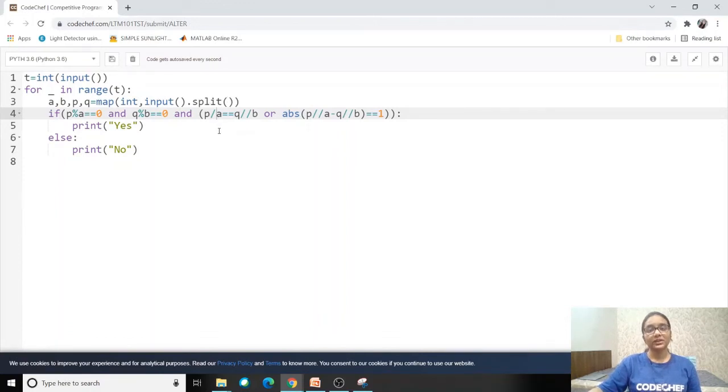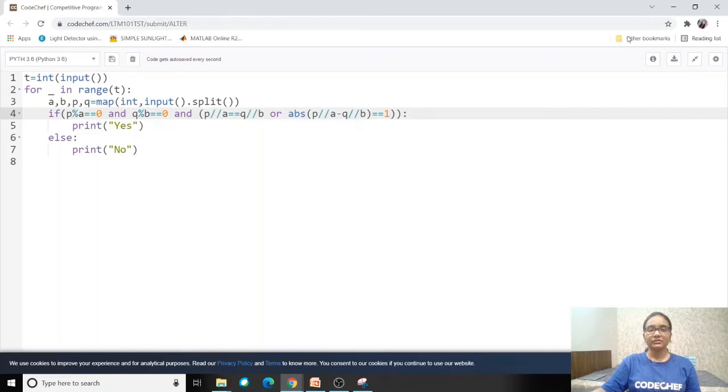But if you want only the integer part to be taken, then you have to use this floor division operator. Sorry, I said earlier modular division. No, this is the floor division operator, and in Python we have to use this. You don't need any floor function, you can use this floor division operator. So that's the only difference.